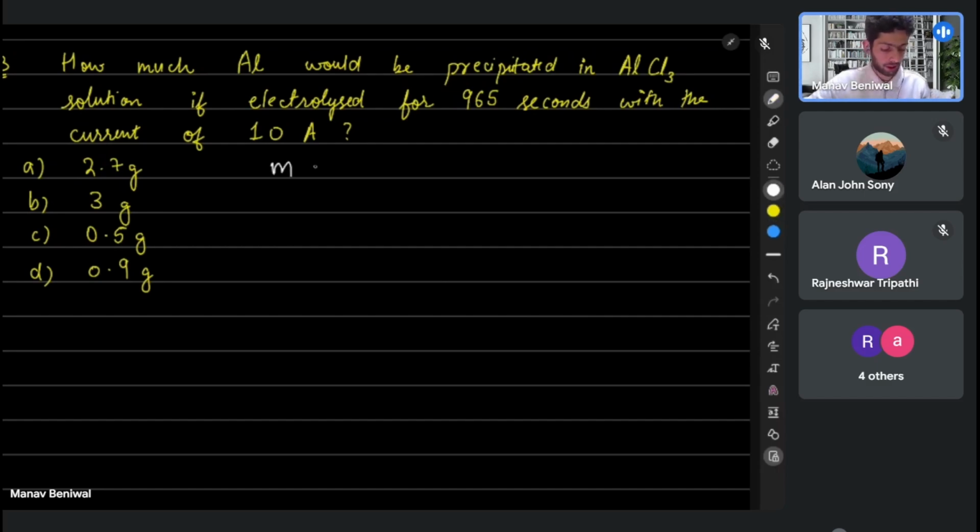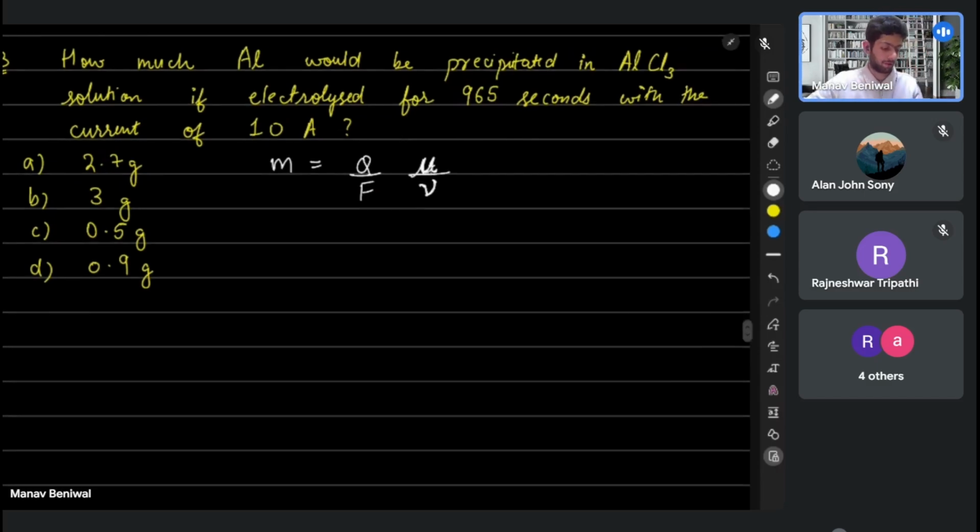The mass deposited is generally written as the charge Q divided by the constant Faraday, then multiplied by mu, the equivalent mass, divided by your valency V. So this is your valency and mu is the equivalent mass.